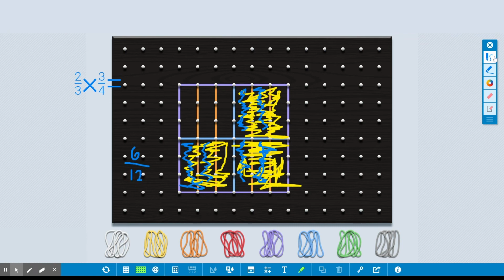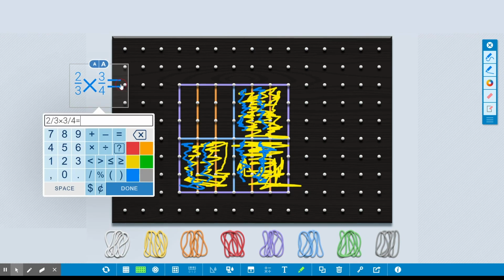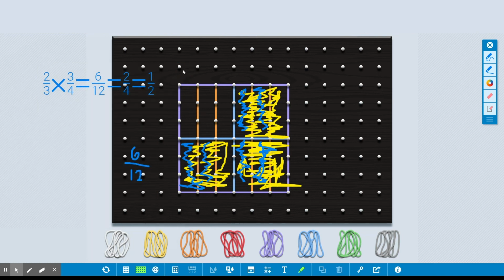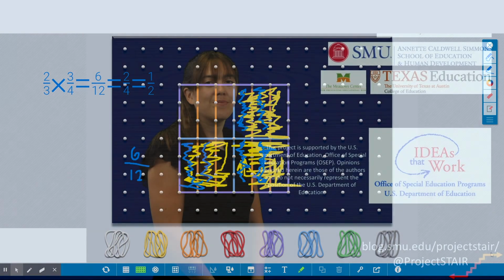So the next step is to go up to my equation and to fill in my answer. 6/12, which is also equal to what we saw in our previous example, which was 2/4, and it's also equal to 1/2. So 2/3 times 3/4 is equal to 6/12, which is also known as 1/2.